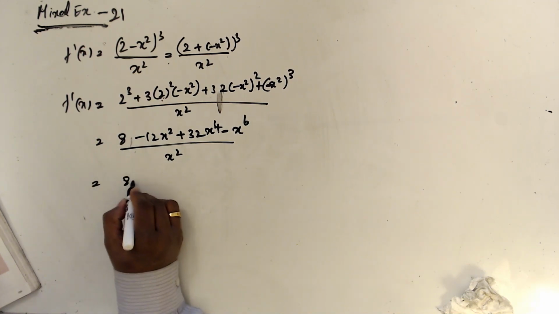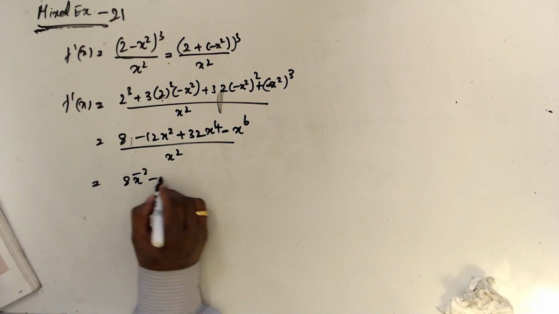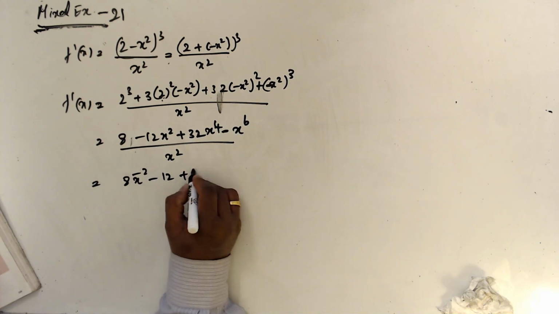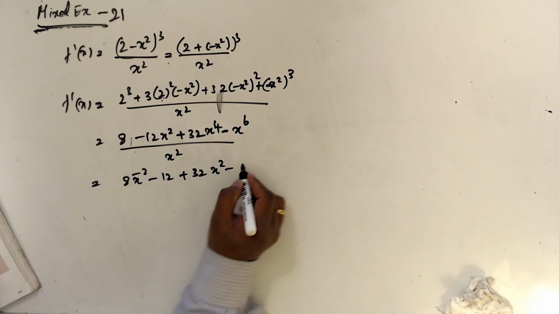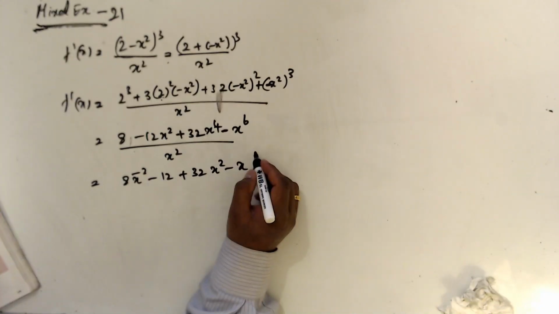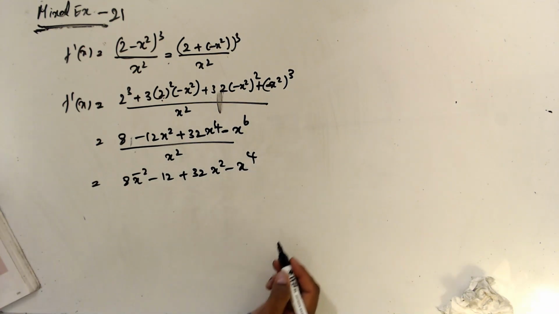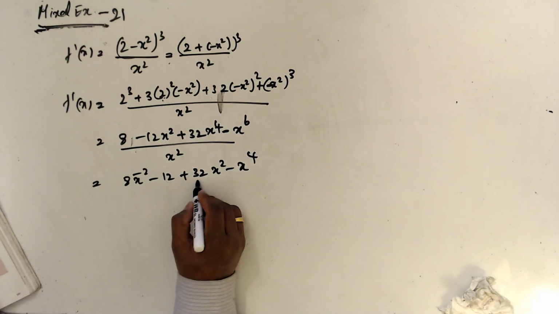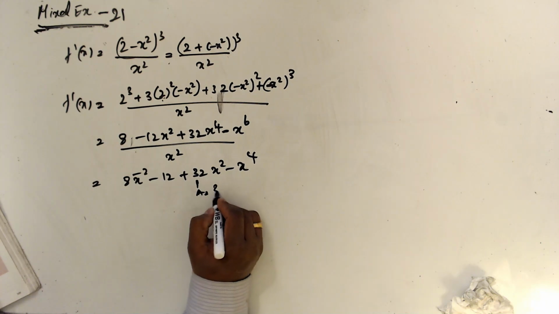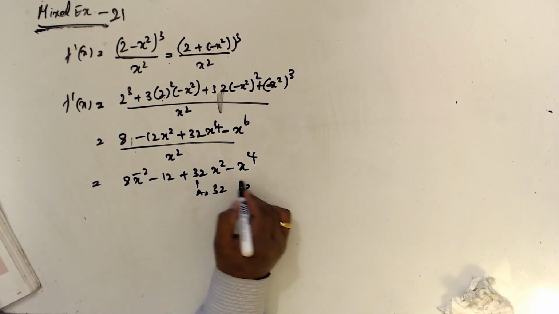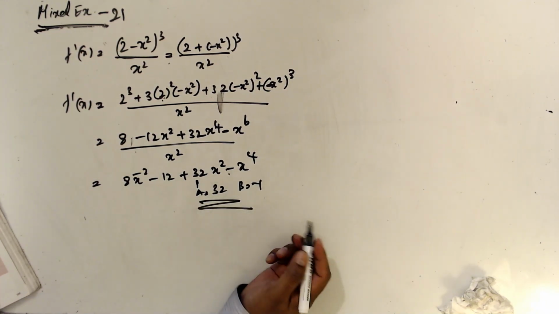So this is 8x minus 2, this is minus 12, 32x square minus x to the 4. Now you can see A equals 32 and B equals minus 1.